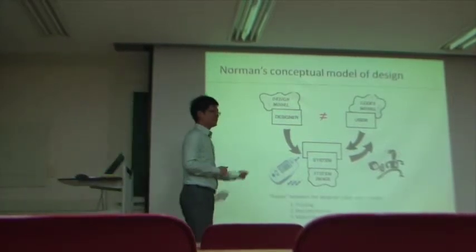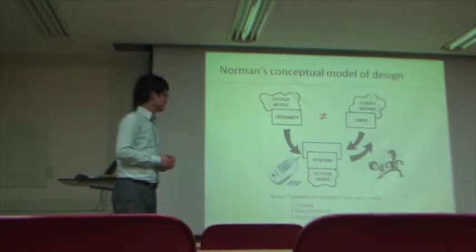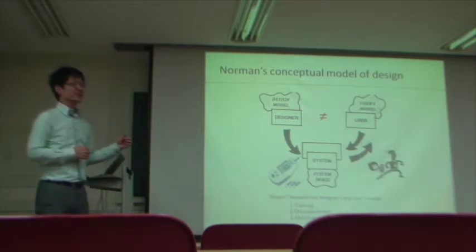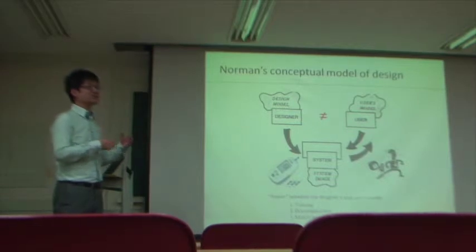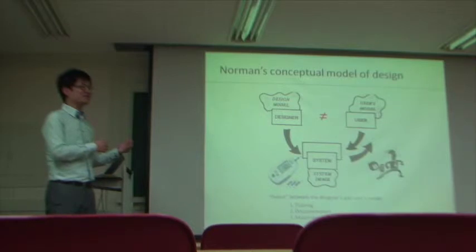there are three methods. One is through training, second is through documentation, and third is to try to match the two models. So if there's no service existing in the world and you're designing something brand new, you have to design a service in a way that users can easily pick up how to use it.